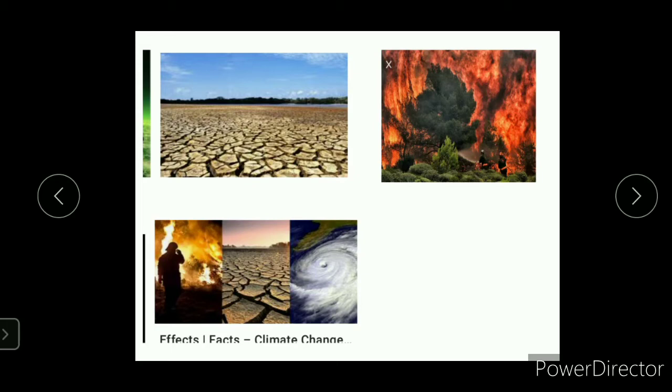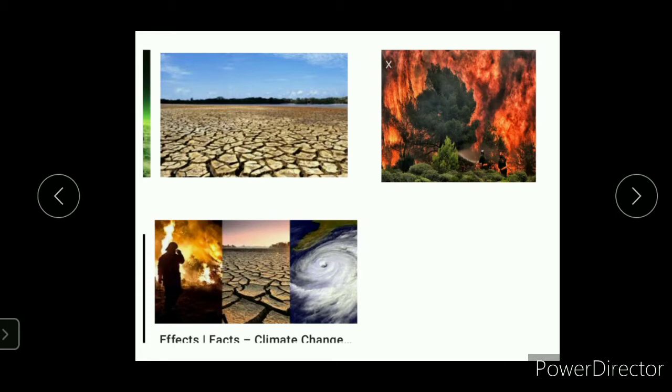Is there any internal connection with earth? And finally, we will discuss in this chapter that earth is a large interconnected system.